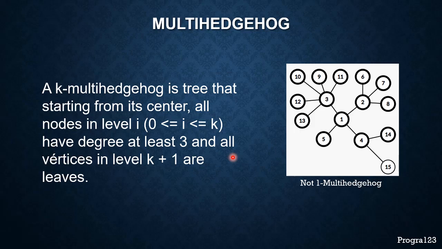The solution becomes quite clear when we see this problem this way. Basically, from the center of the tree, we are going to run a BFS or DFS, whichever you like, and all those nodes that are at levels from 0 to k, we have to make sure that they have degree at least 3, not counting the edge that is coming from the center.